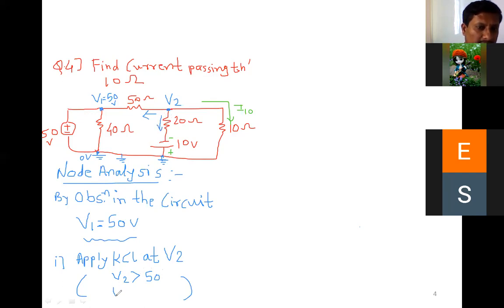Now next, for the second branch, V2 greater than. Now tell me, what is the assumption? V2 greater than 10. No. Polarity is reversed.